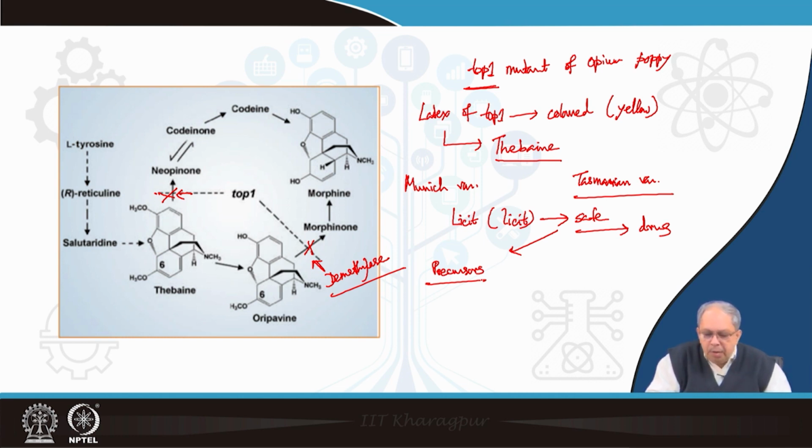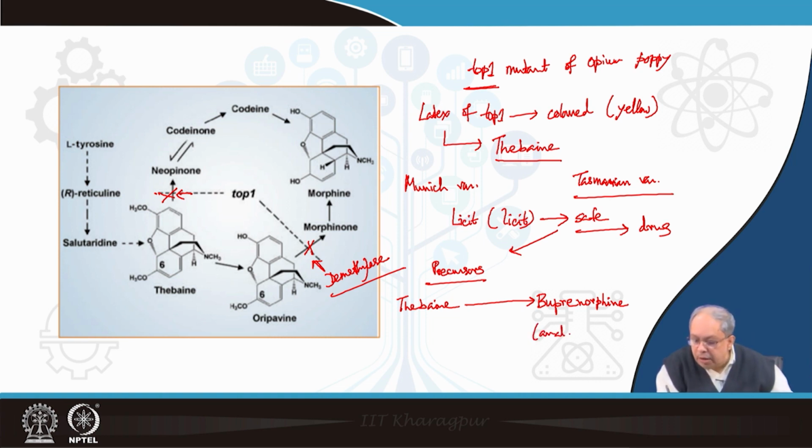And not only that, since it is accumulating thebaine, the thebaine can be converted into several important metabolites. For example, buprenorphine, which is considered a better analgesic than morphine and codeine.